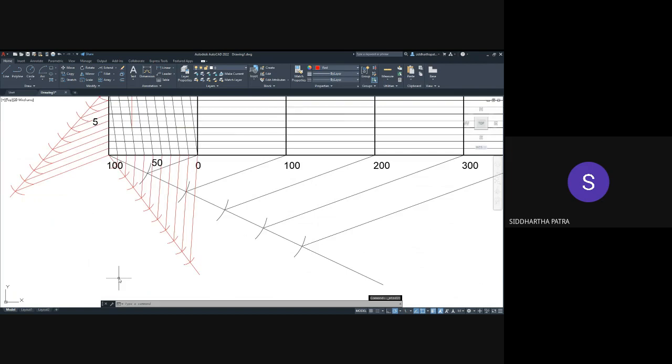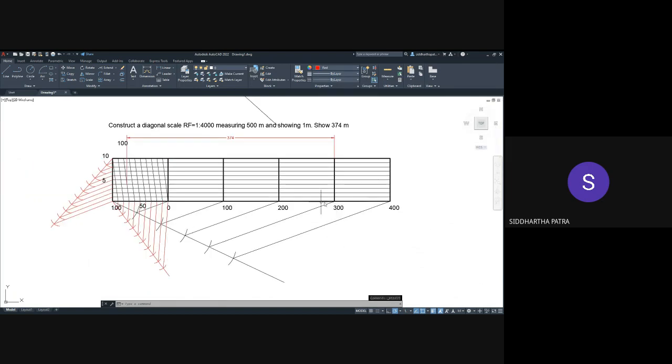Okay, so basically you have to measure just like the plain scale. You can measure 370. From 300 to 0 it is 300, then 1, 2, 3, 4, 5, 6, 7, so that would be 70. To measure the other 4 meters, you'll have to move obliquely.